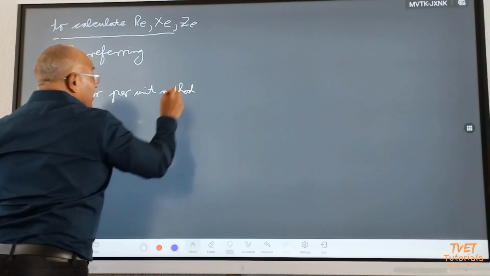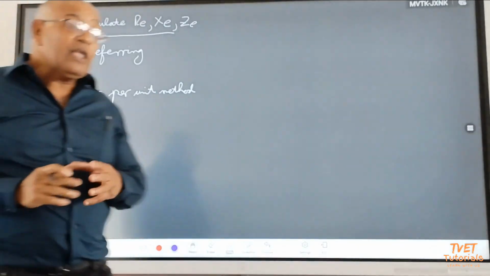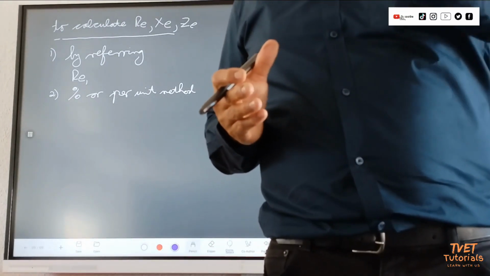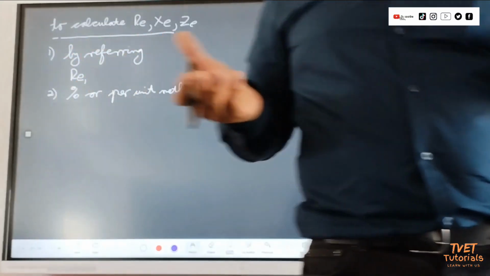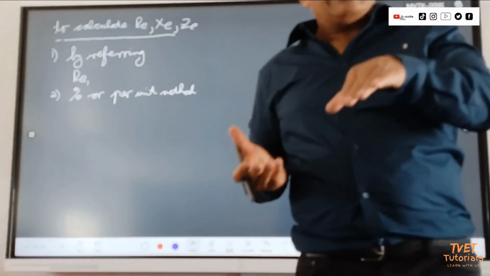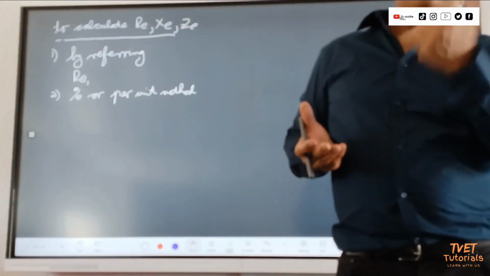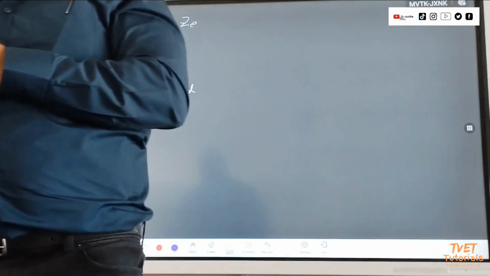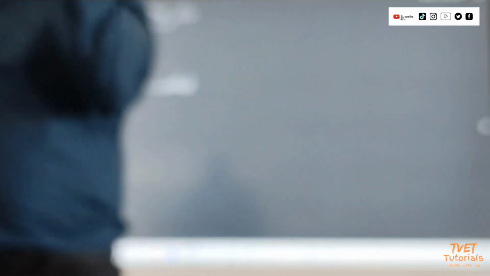Now, this one is very, very important. If I ask you to calculate voltage drop across a resistor, voltage drop across an inductor, what's the formula? I times R or I times XR. Is it then true to say that in order for me to find voltage drop, I need 2 things? I need current in amperes and I need something in ohms, whether it's resistance or inductive reactance. That's correct.